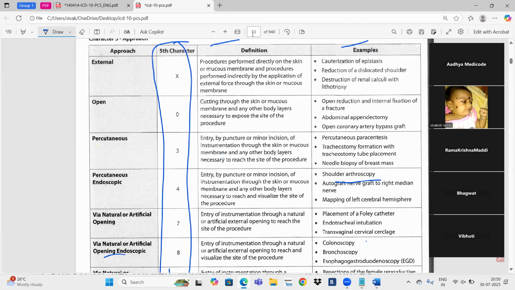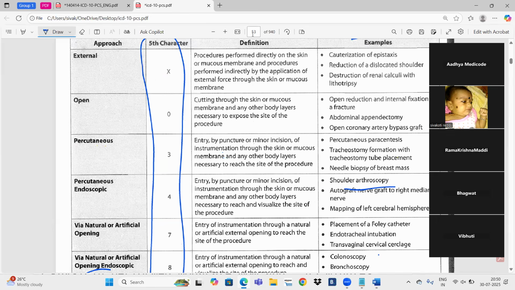Next, open approach. Open means what they are saying? Not direct, normal procedures. We can cut the skin or other mucous membranes or other layers, and we need to reach the procedure site and complete the procedure, and again you need to suture that body part.